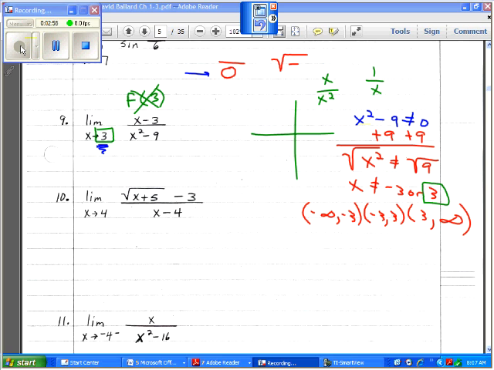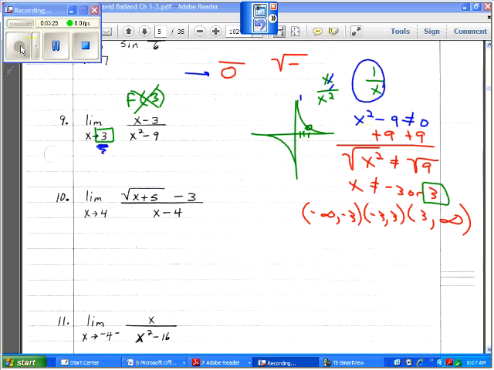So somewhere in this graph, let's just say it's like this, and it may not turn out to be that, somewhere in there at 3, there's a hole in the graph.